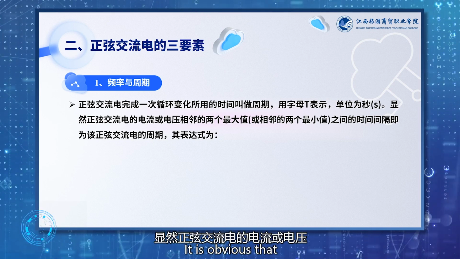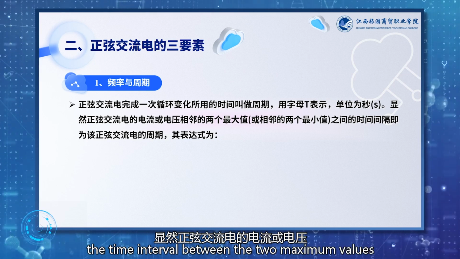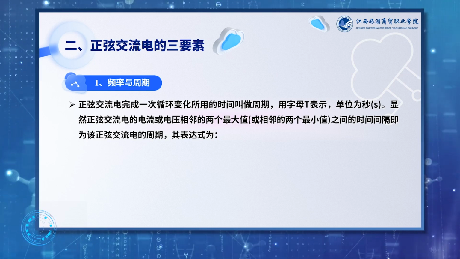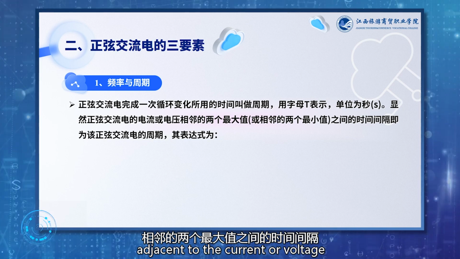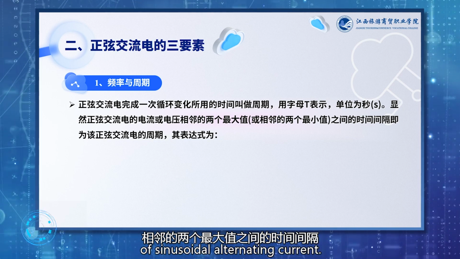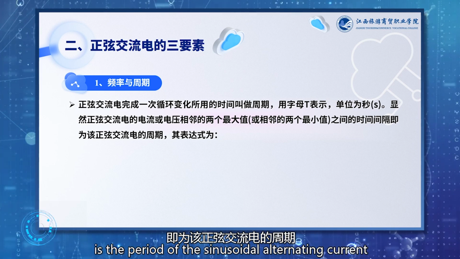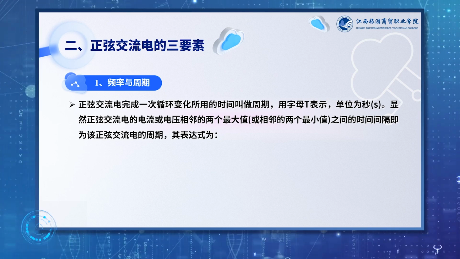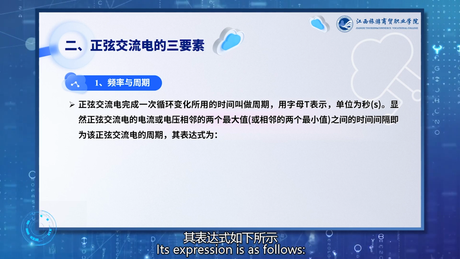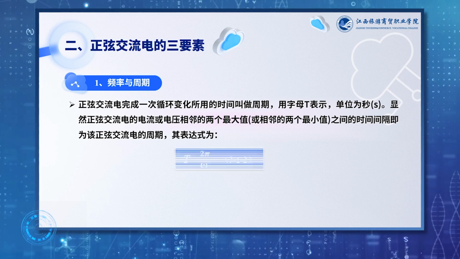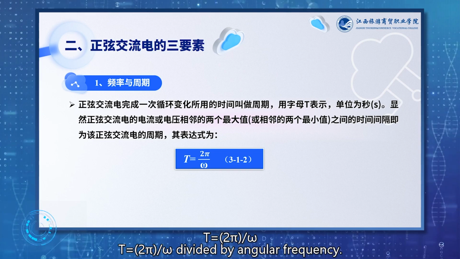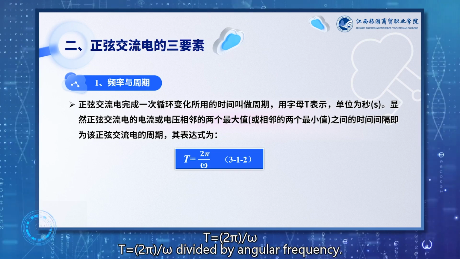It is obvious that the time interval between the two adjacent maximum values of the current or voltage of sinusoidal alternating current is the period of the sinusoidal alternating current. Its expression is as follows: T equals 2 pi divided by angular frequency.